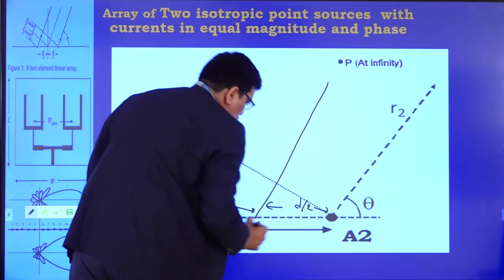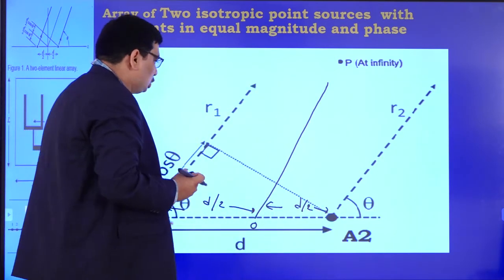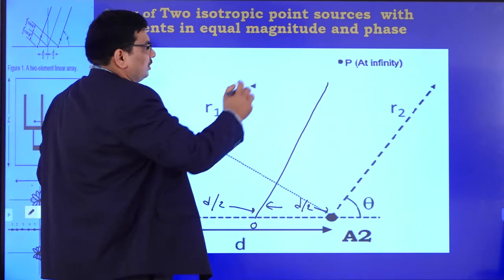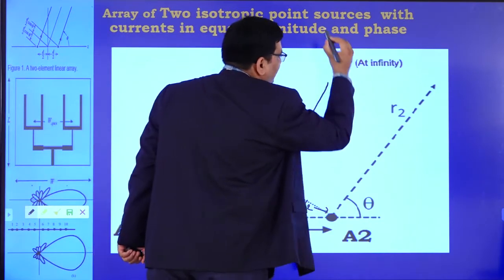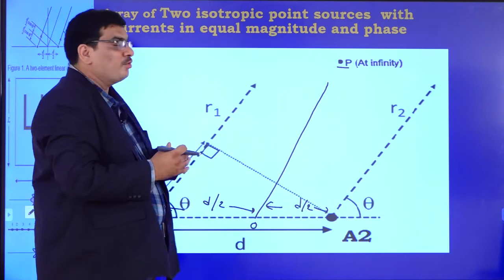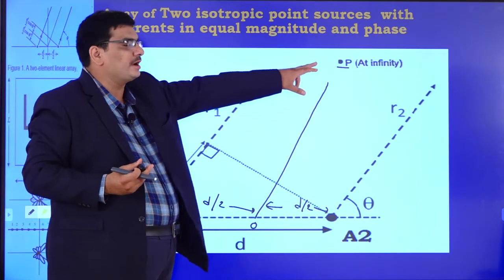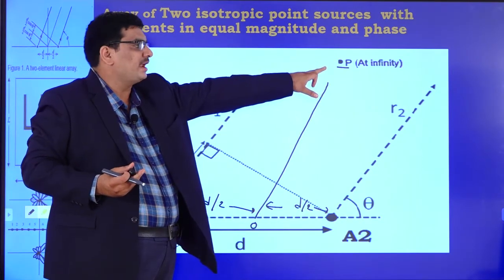This is the total distance between the two elements. This point P is called the faraway point, where we want to find our total radiation field.